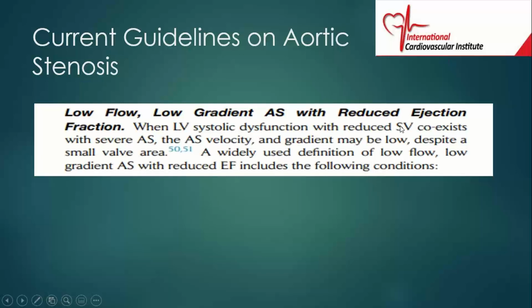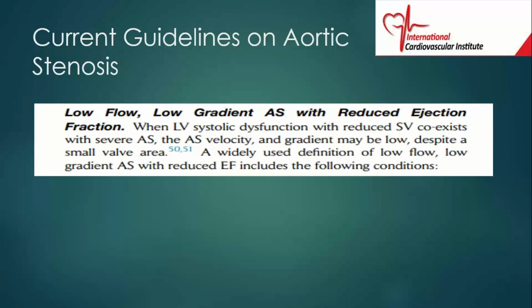We have two situations with low flow, low gradient AS. You can have low flow, low gradient AS with reduced ejection fraction, and you can also have a low flow, low gradient AS with normal ejection fraction.